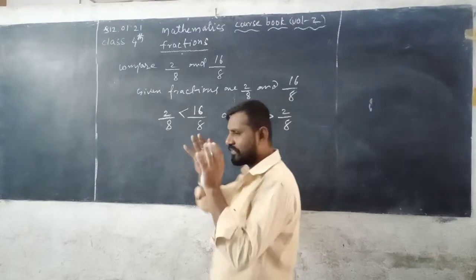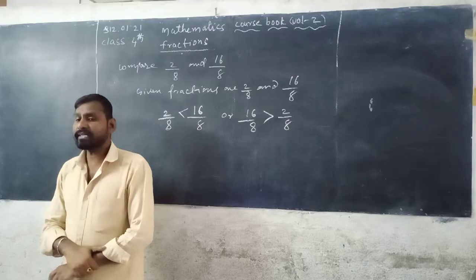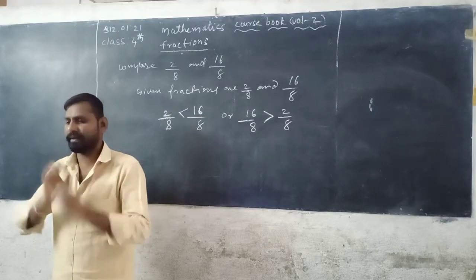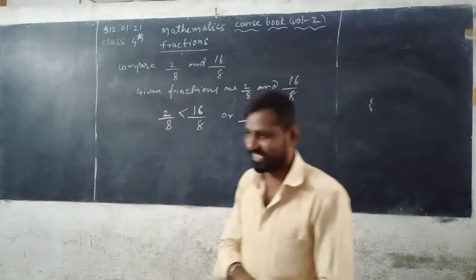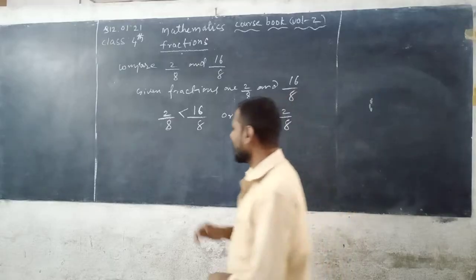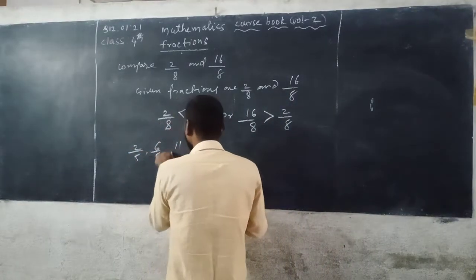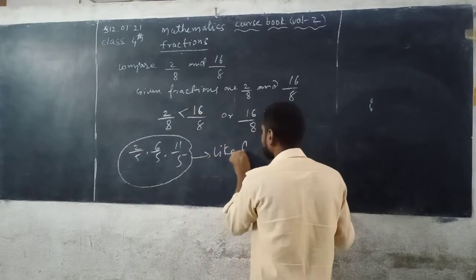So in given fractions, if the denominators are the same number, then the fractions are called like fractions. So here 2 by 5, 6 by 5, 11 by 5. These fractions are called like fractions. Why?